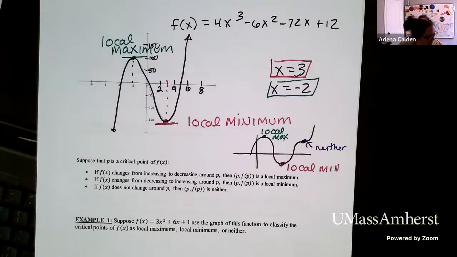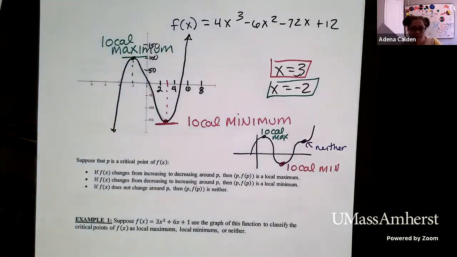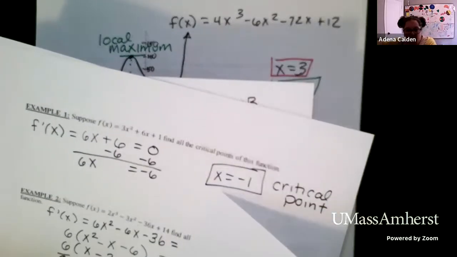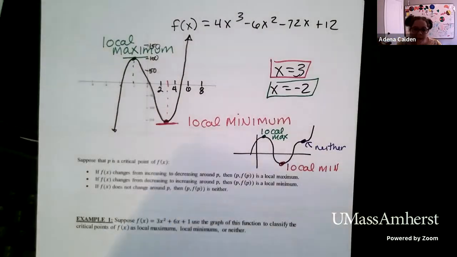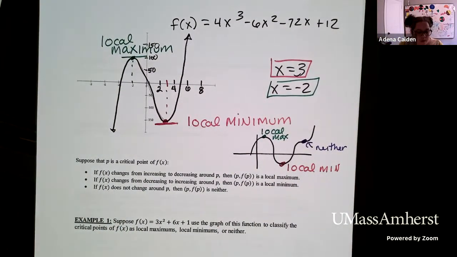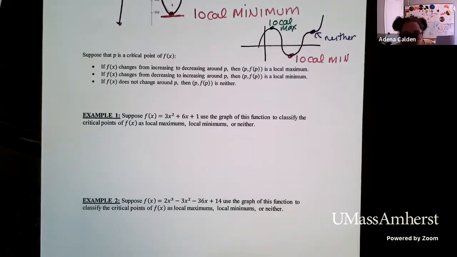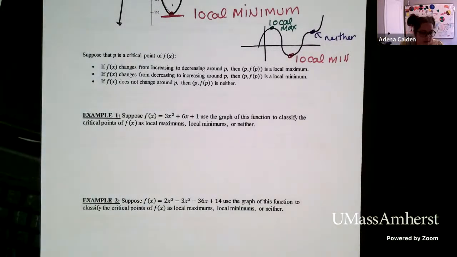For example, example 1, if you look at your notes, was the first example we did before. We already have the critical points, but now we're going to try to classify them. So we're going to do example 1 and example 2. These are the first 2 that we did on the critical points before, so we actually already know the critical points.